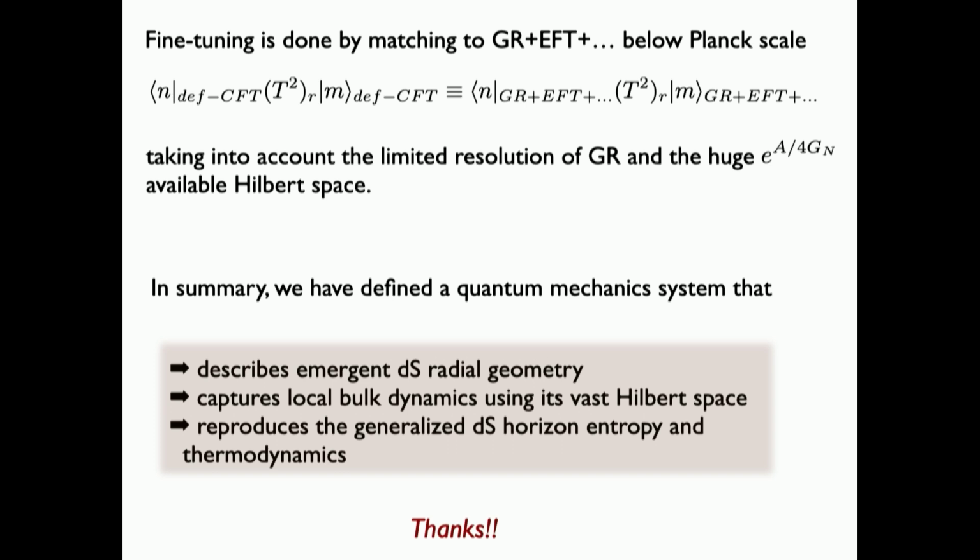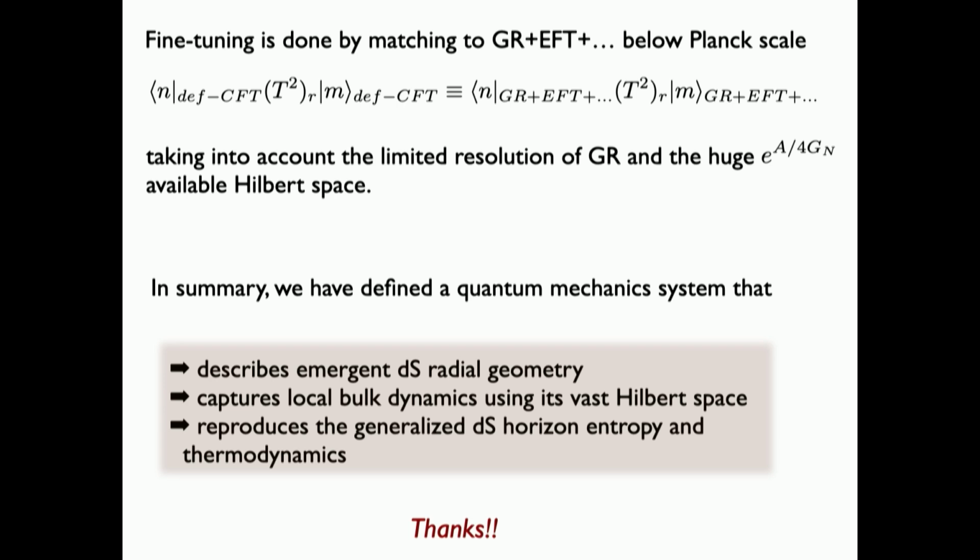Okay, so in other words, we can just fine-tune all these composite operators and correlators in the deformed CFT to match to whatever we have in the GR side, basically because we have a huge Hilbert space and because GR is limited by 1/G Newton effects in its resolution. Of course, given a particular theory, there would be a lot of structure here, so this fine-tuning wouldn't be needed, but I'm just saying here that there is no obstruction to represent whatever comes from the bulk.